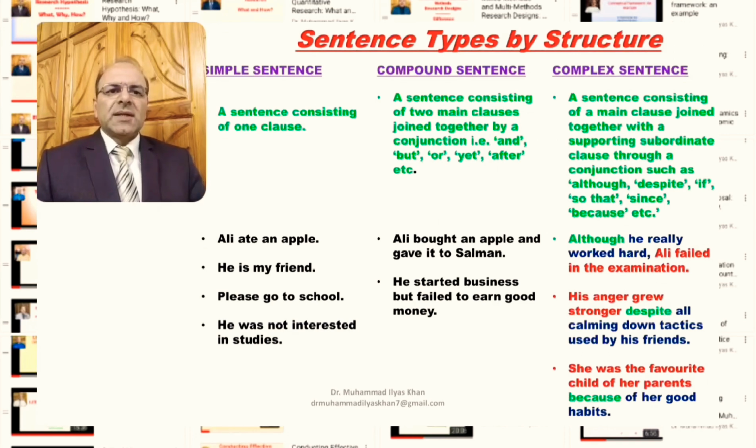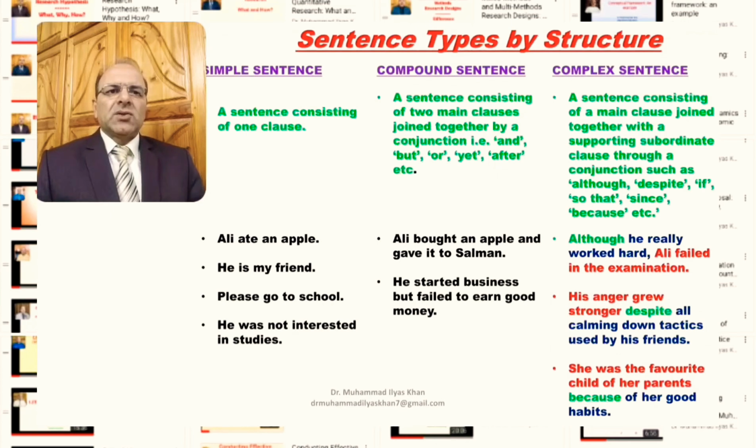Both of these are independent clauses, because neither depends on the other for giving meaning or sense. They are joined together by and, which is the conjunction. Similarly, he started business, one clause, but failed to earn good money. The conjunction but joins the other clause. This is an example of a compound sentence.